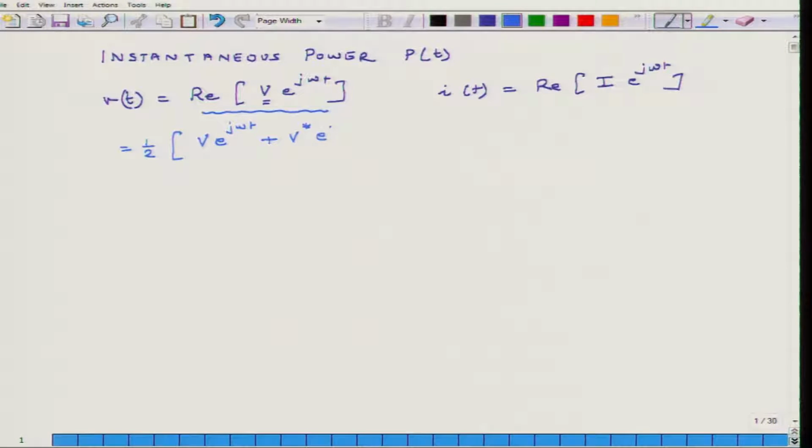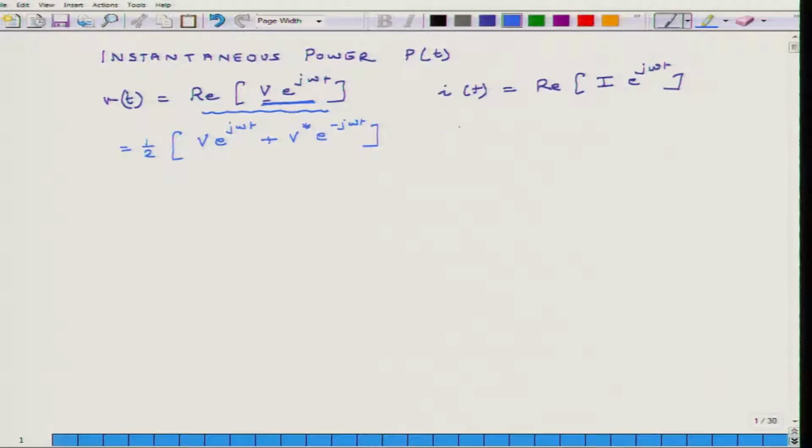So, the real component of V e^(j omega t) is nothing but half of V e^(j omega t) plus its complex conjugate, which is V star times e^(minus j omega t).